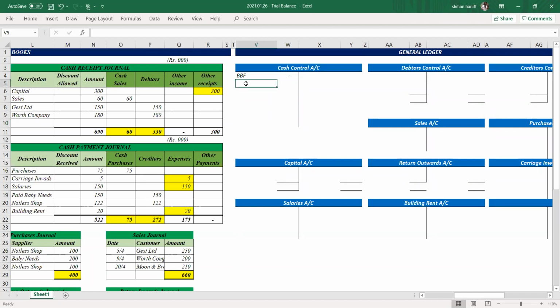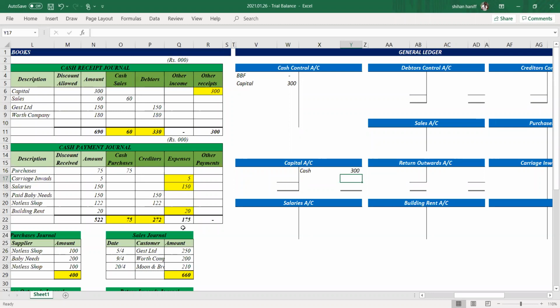Then the capital invested by the owner is 300: cash account debit, capital account credit 300.